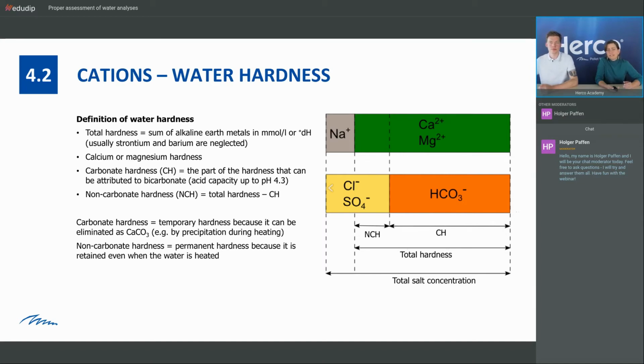The rest is the non-carbonate hardness, NCH. The non-carbonate hardness is also called permanent because it is retained even when the water is heated, while the carbonate hardness is temporary because it will precipitate as CaCO3, so as lime, and can thereby be removed from the water when you heat it up.